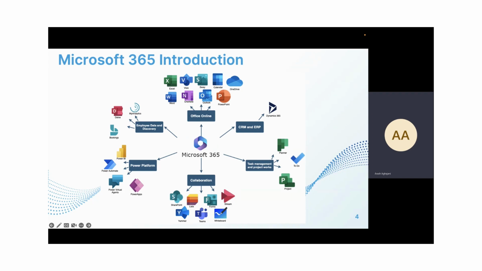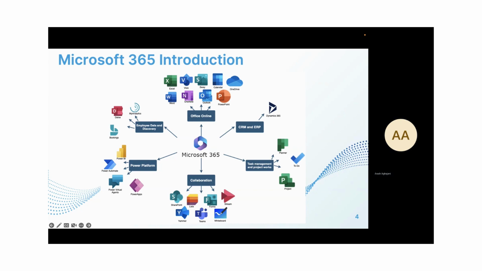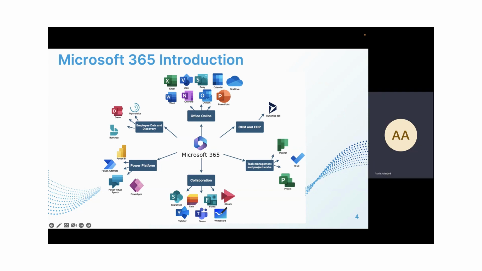M365 includes various products that will help the organization in different areas. Each area, as you can see in the picture, contains several products. For example, in the user office collaboration area, we have Word, Excel, Microsoft Office tools such as PowerPoint, OneDrive, Outlook, and in the area of employee data and discovery, there are Bookings, Delve, and MyAnalytics.